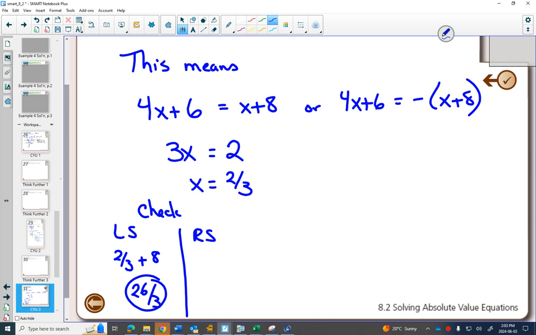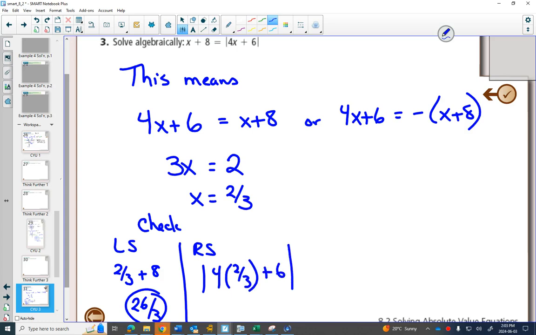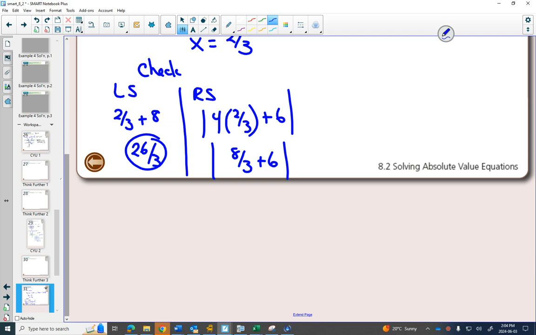If I plug it into my right side of my original equation, I have absolute value of 4 times 2/3 plus 6. This is the absolute value of 8/3 plus 6. How do I add fractions?